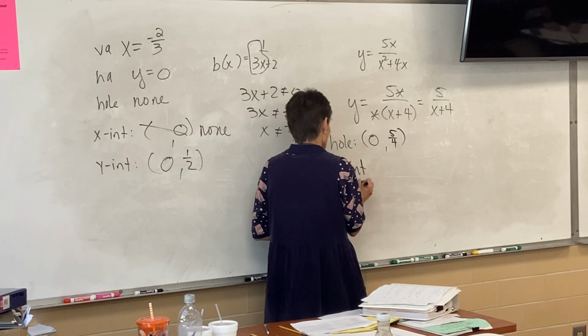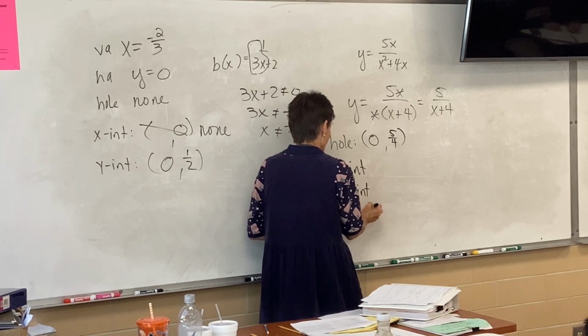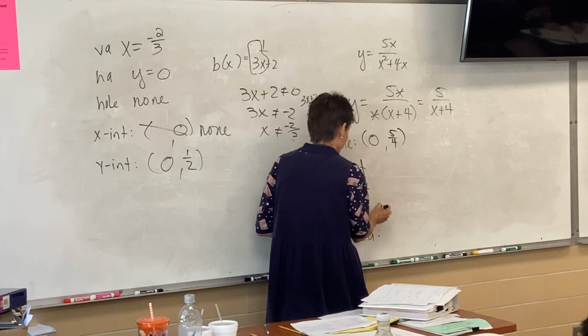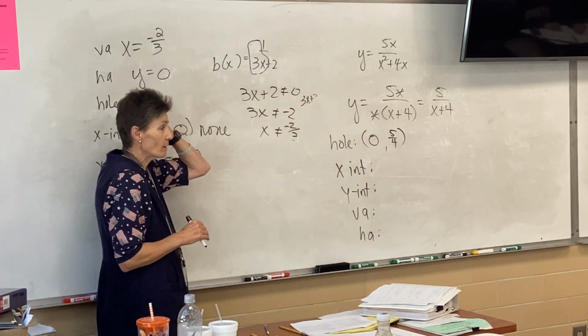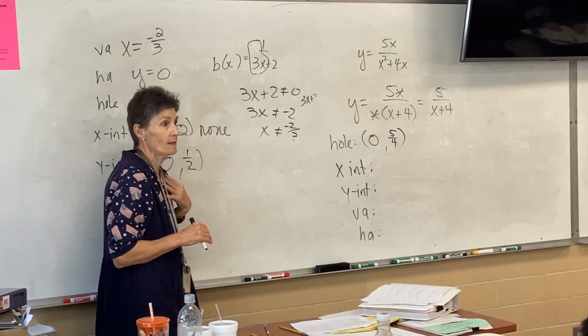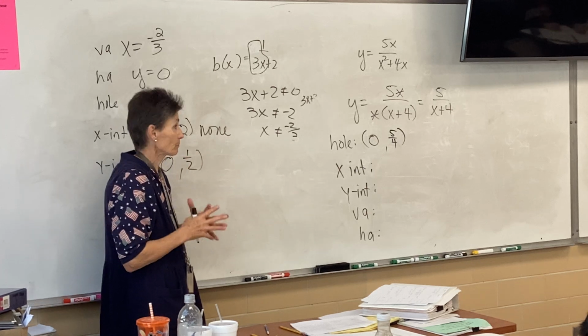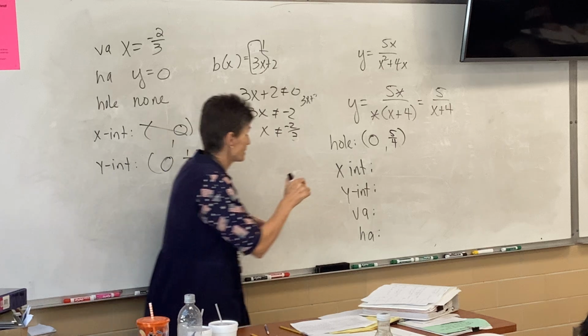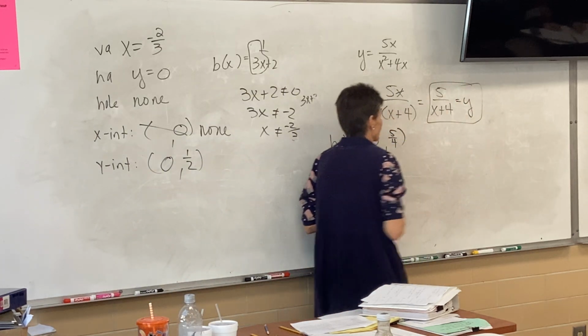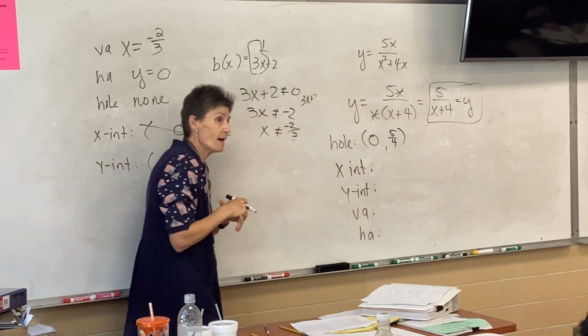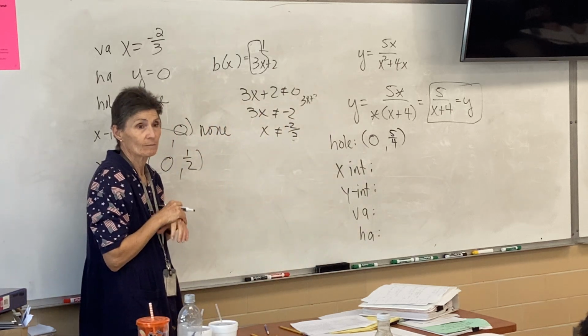X-intercept, vertical asymptote, horizontal. All right, tell me what else you know. We got the hole taken care of. We had one this time because we were able to cancel. Okay, this is my problem now. Do I have a vertical asymptote?